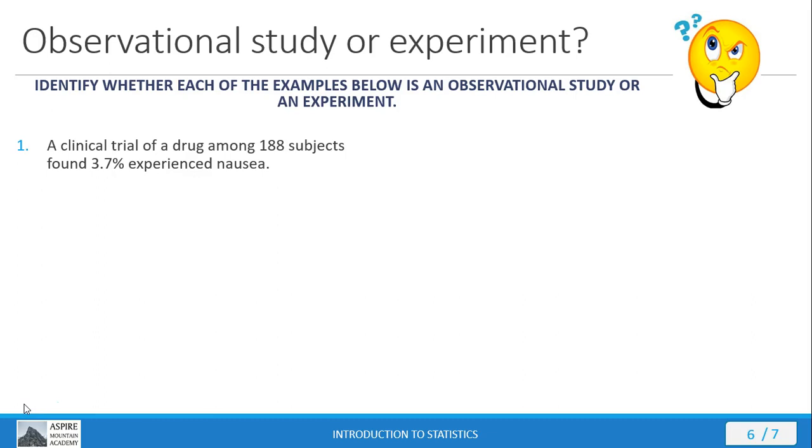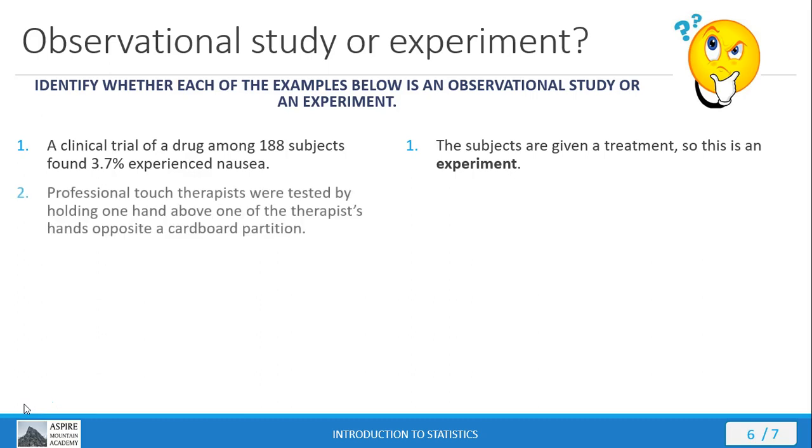A clinical trial of a drug among 188 subjects found 3.7% experienced nausea. Observational study or experiment? Well, this is an experiment because the drug given to the subjects is a treatment.